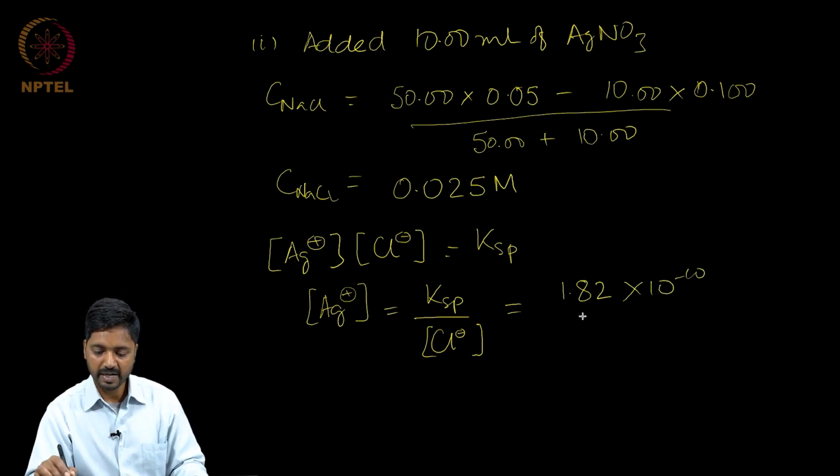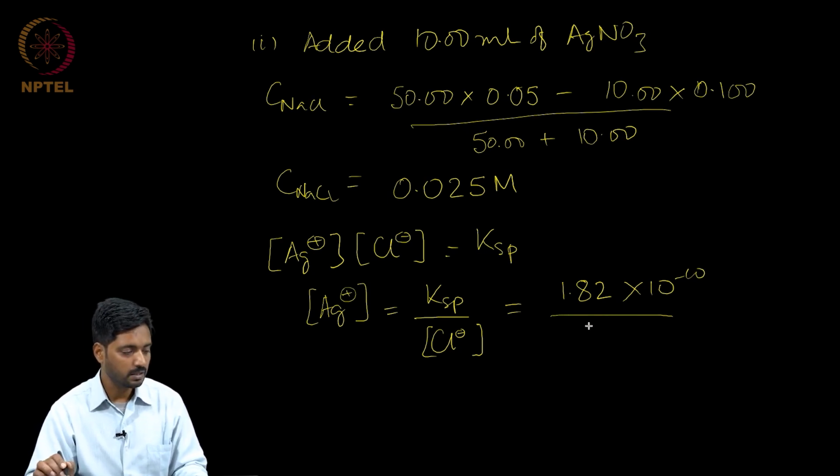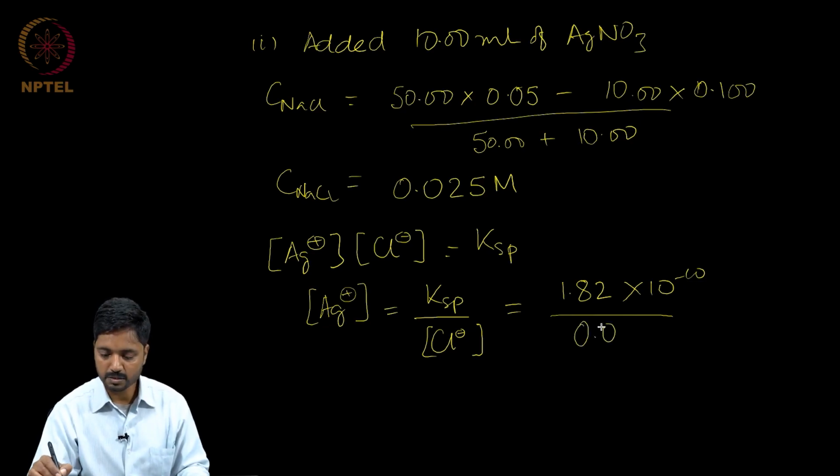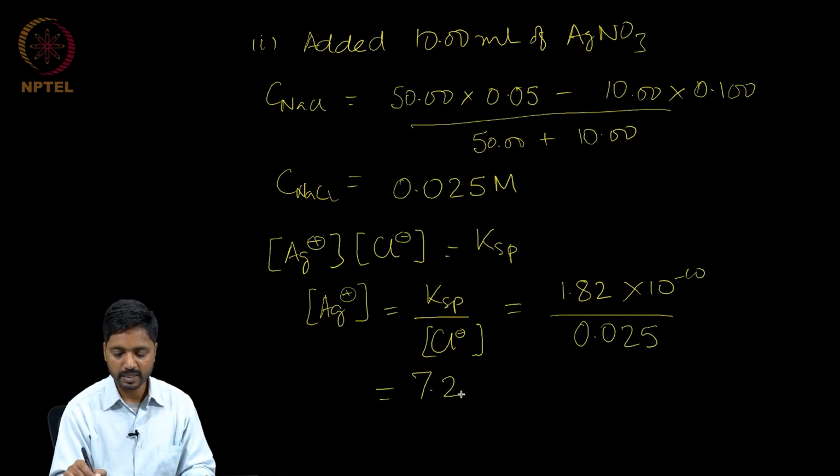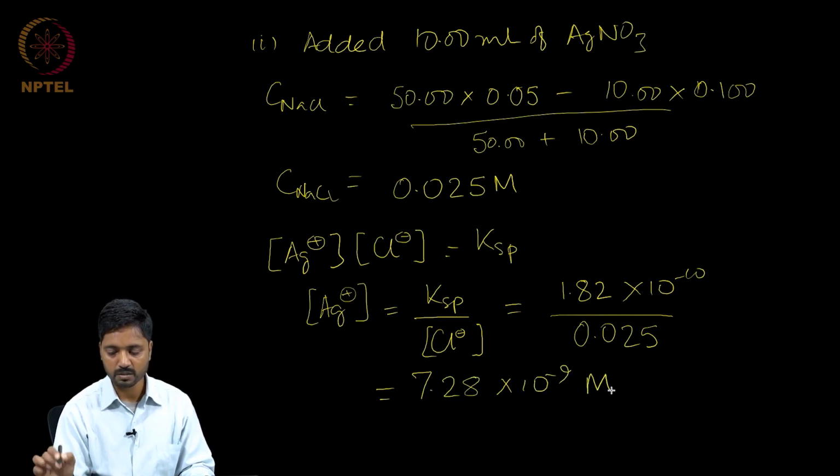The chloride concentration from the NaCl that is remaining is 0.025, and this solves out to be 7.28 into 10 power of minus 9 molar.